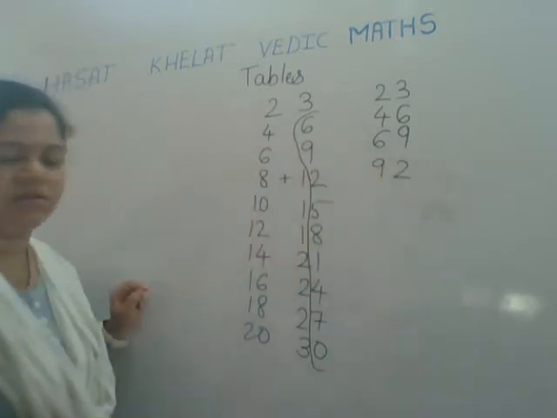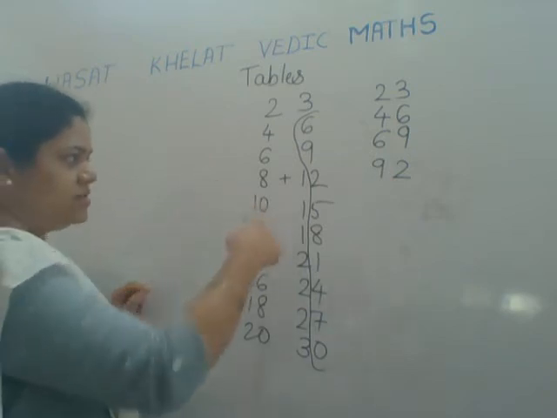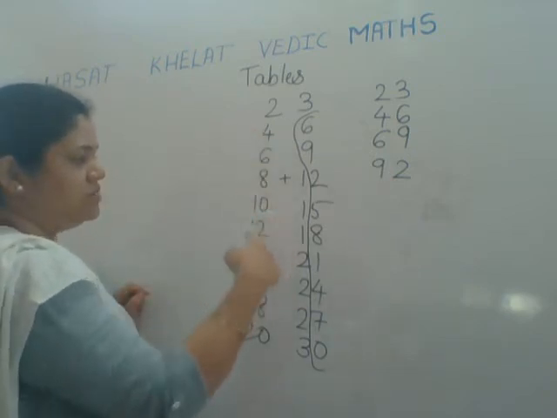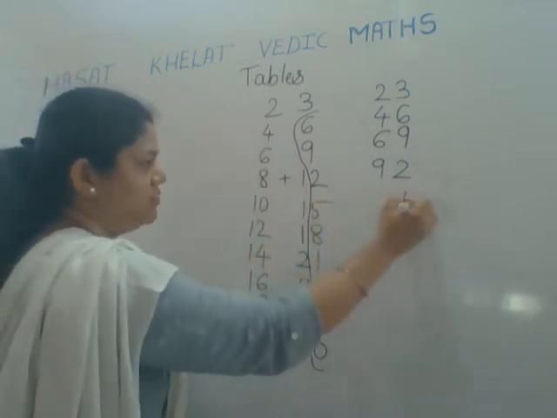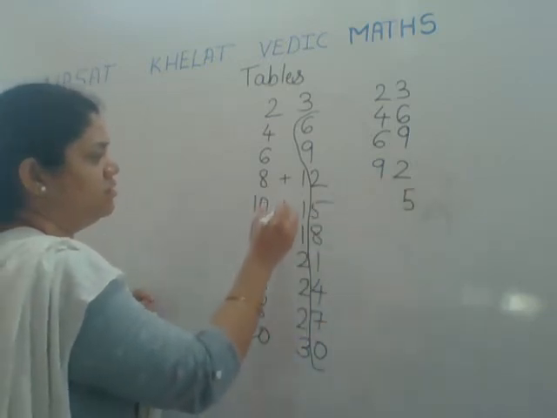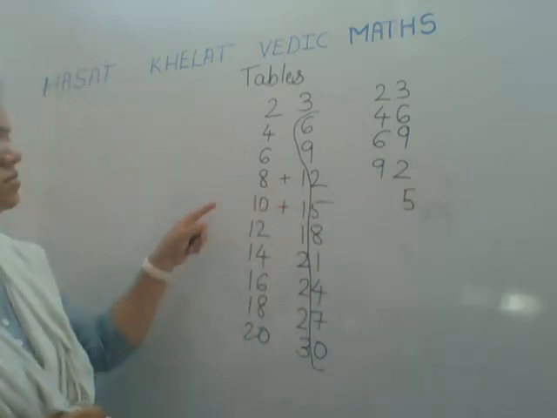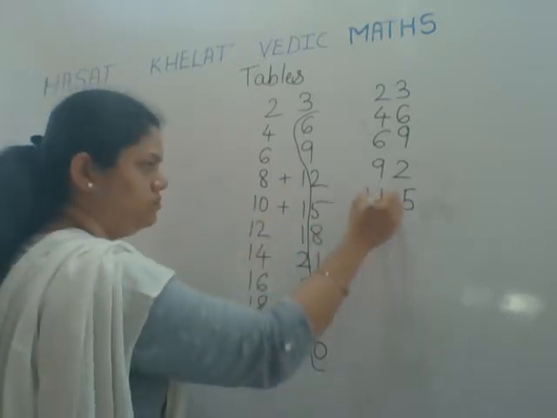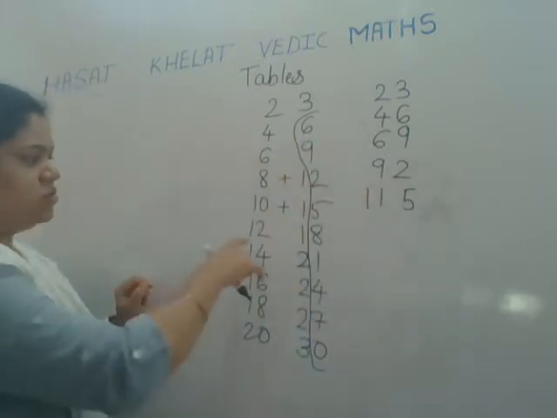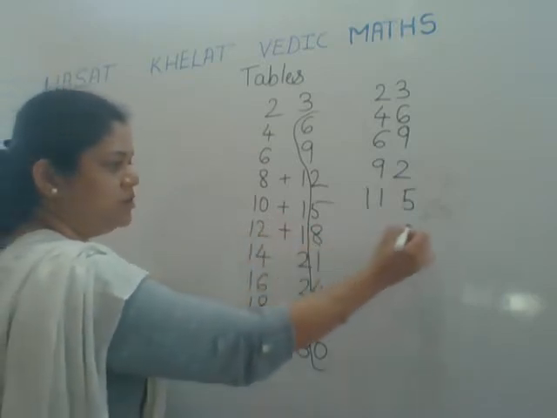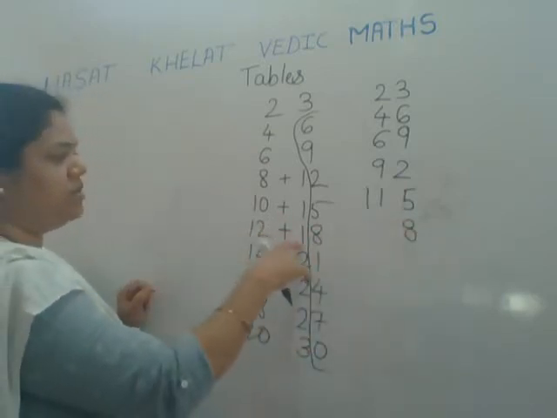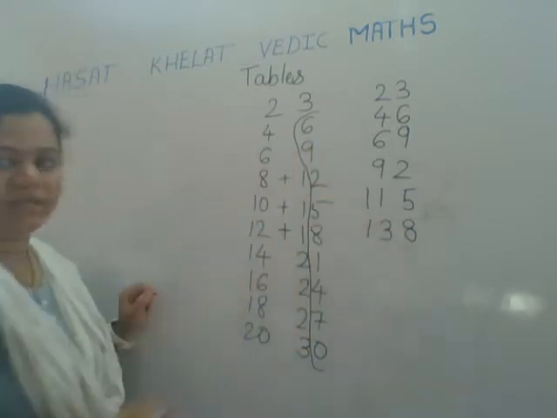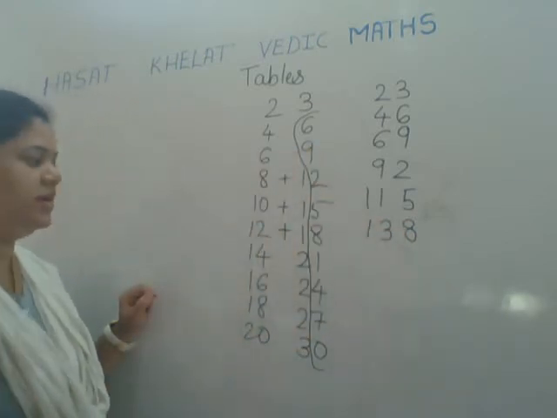23 fours are 92. For the next number, 23 fives are, this 5 I will write here, and this 10 plus 1, 11. 23 sixes are, I will write down this 8, then 12 plus 1, 14 23 sixes are 138.